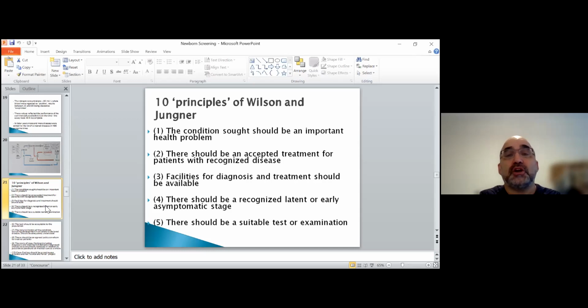So Wilson and Jungner brought 10 principles of what the disease and the service should have in order to be considered for population screening. In the UK, there is a central authority looking after this, based in the Department of Health.